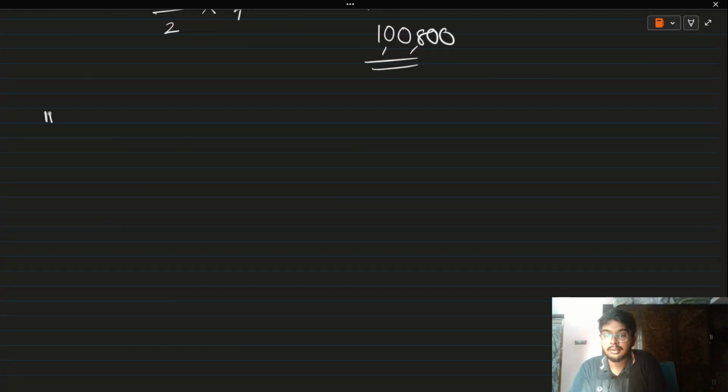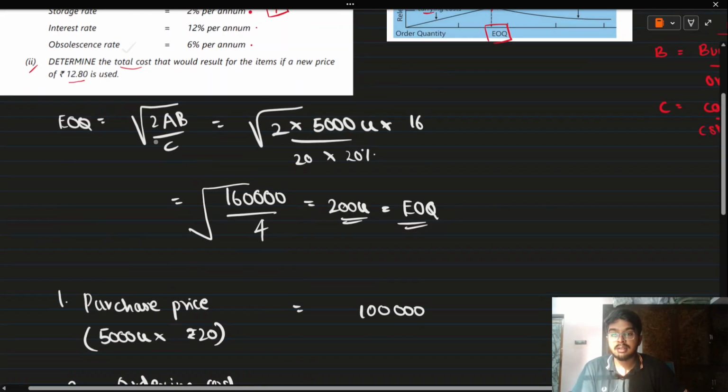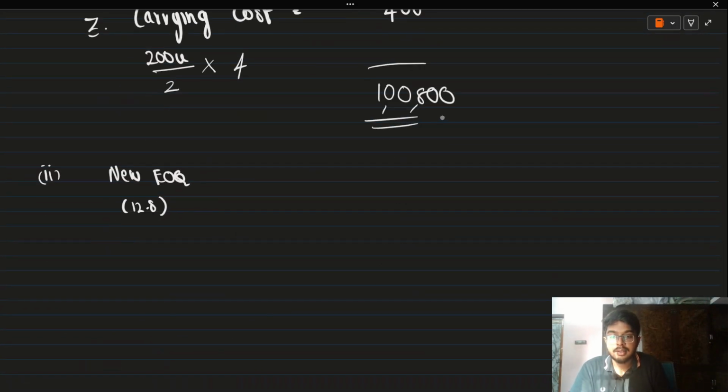Okay, let's find it. New EOQ, because it is 12.8. Am I right? Yes. 2 into 5000 units. A will not change. Even B, buying cost or ordering cost, will not change because it is 16. But carrying cost will change.